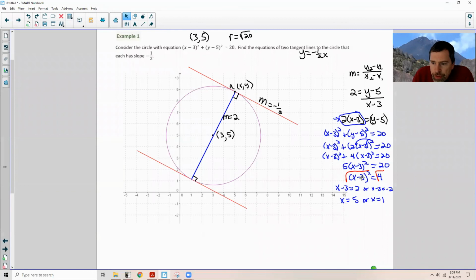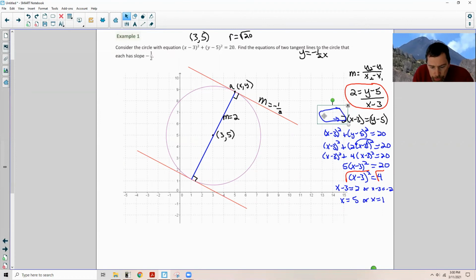Okay, so now that we found two values for x, let's use red. We're going to take those two x values and plug them back in to these equations to get y. So if I do that, actually, I want to use this one right here.